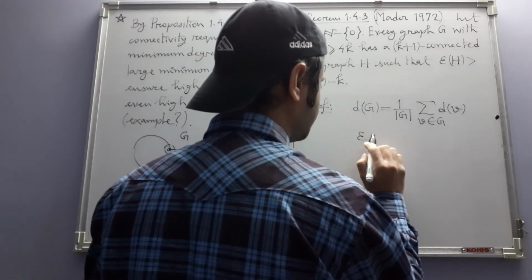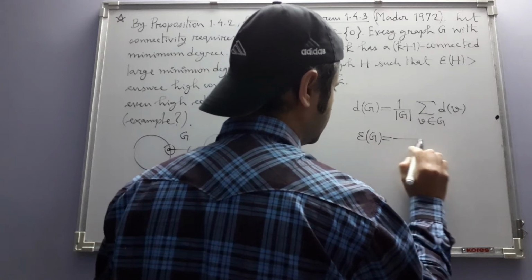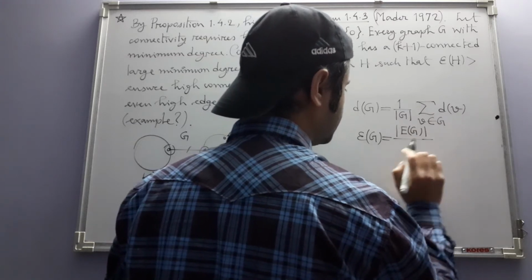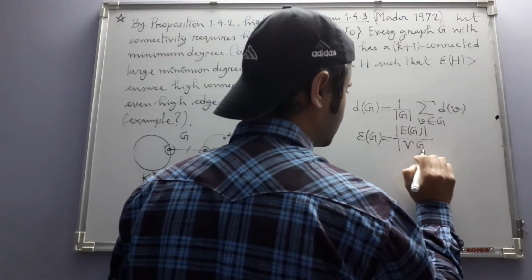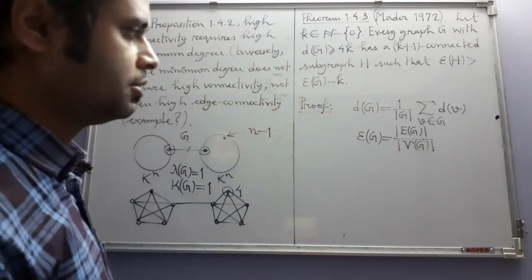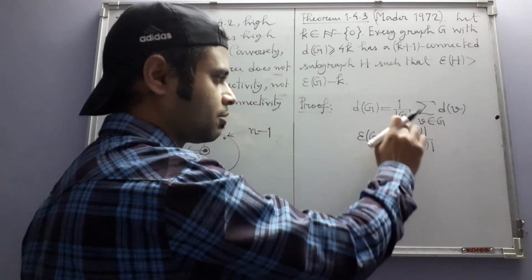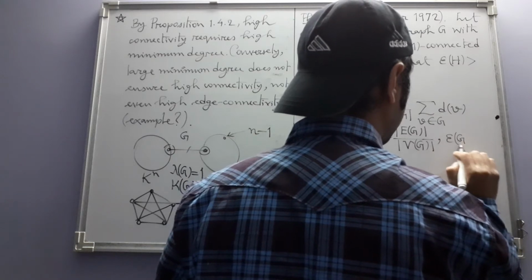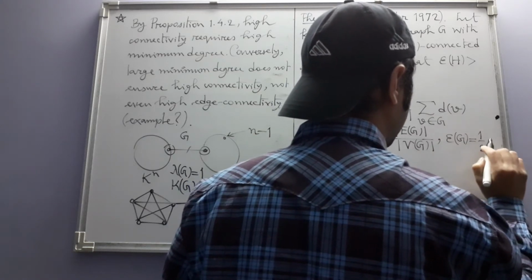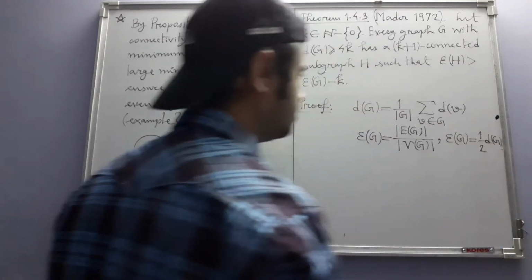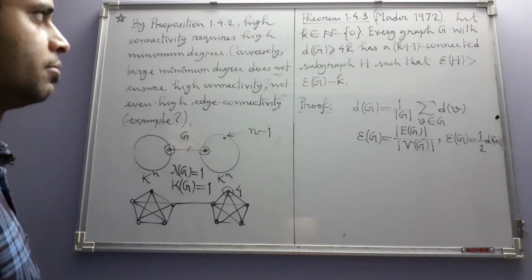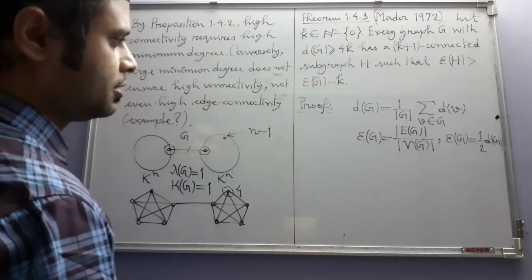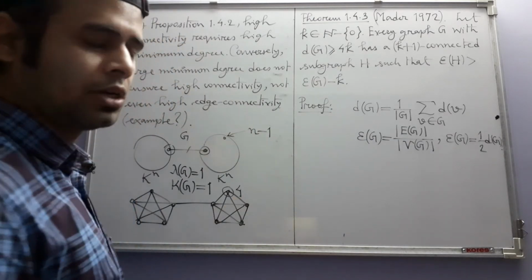And epsilon of G by definition is the cardinality of the edge set of G divided by the cardinality of the vertex set of G, which is the order of G. And we have already seen that epsilon of G is 1/2 of the average degree of G. Okay, so let us now start the proof. d(G) is the average degree and epsilon of G is the number of edges divided by the number of vertices.